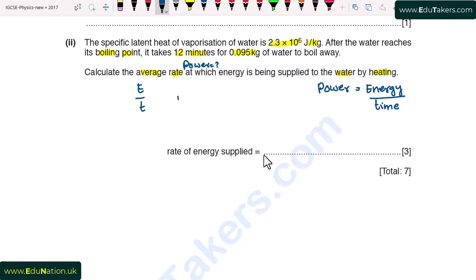So I write here energy is equal to mass and specific latent heat of vaporization L. So when I put values here, energy will be equal to mass, which is given 0.095, multiplied by the value of L, 2.3 × 10^6. So this is the value of energy in joules.